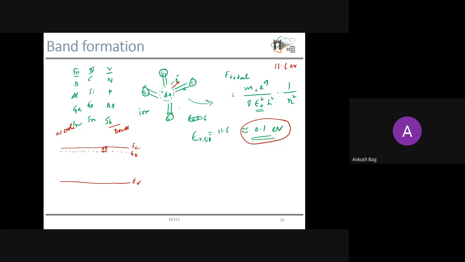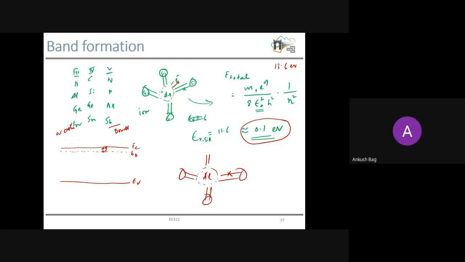And similarly, once again, let's say we have aluminum here. Quickly, if I draw silicon, silicon, silicon, here we will not have one particular bond, so we have a vacancy.